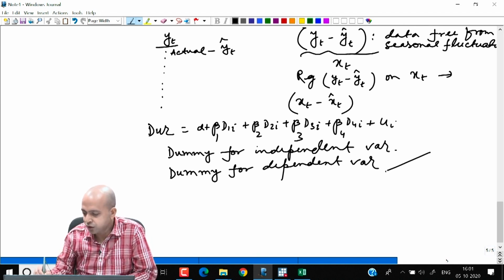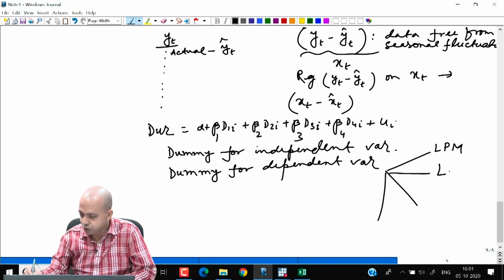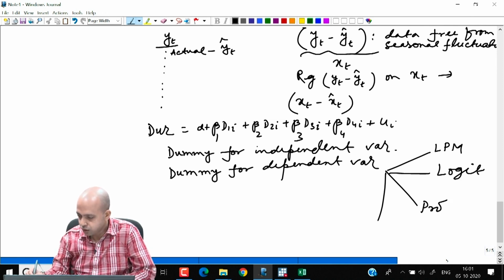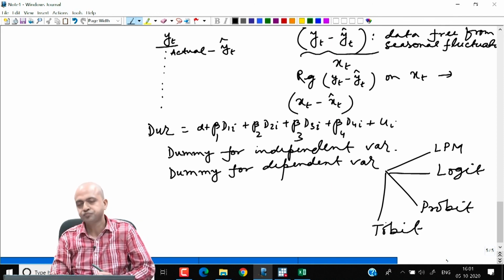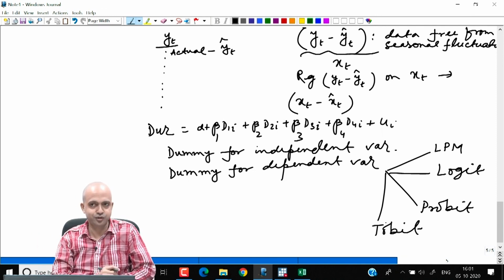And that we will discuss later on through four types of qualitative response models: the linear probability model, then the logit model, then the probit model, and the tobit model. That we have not yet discussed. That we'll discuss later on.